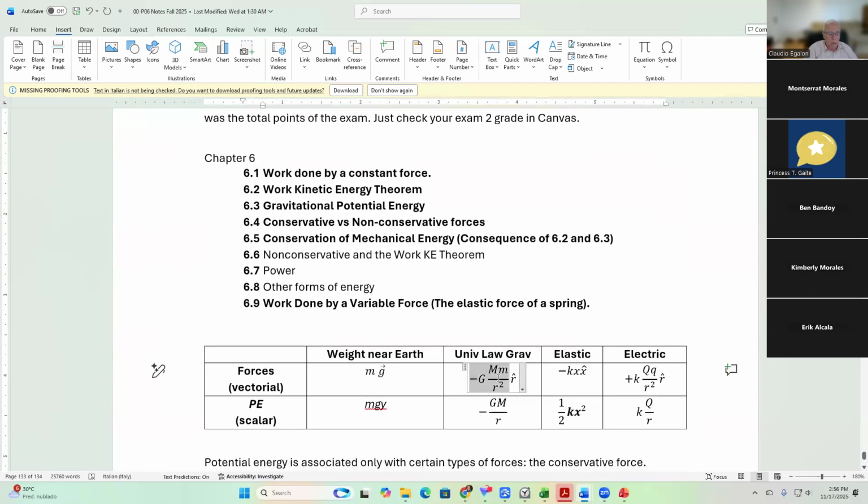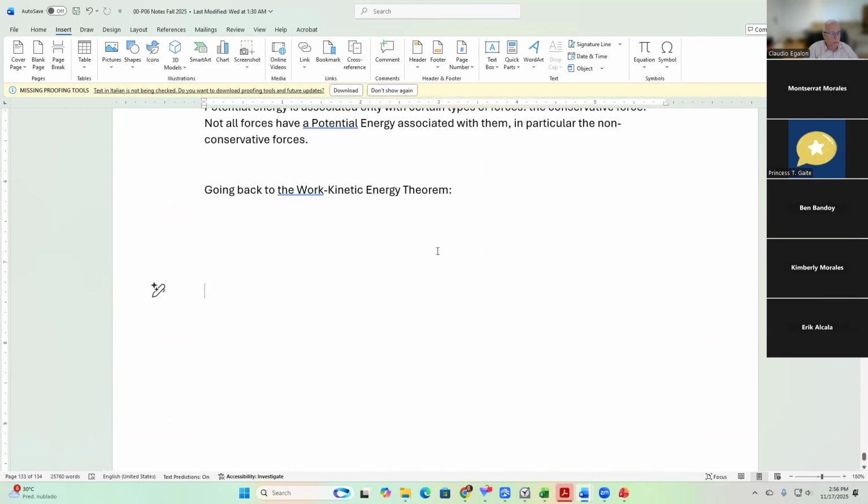It's a very important result. So here we go. The work done by the net force is the final kinetic energy minus the initial kinetic energy. That's how we formulate the work kinetic energy theorem.